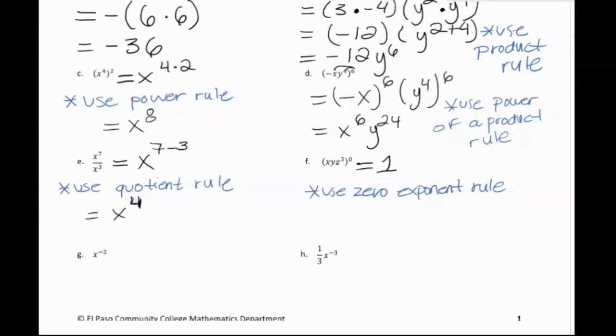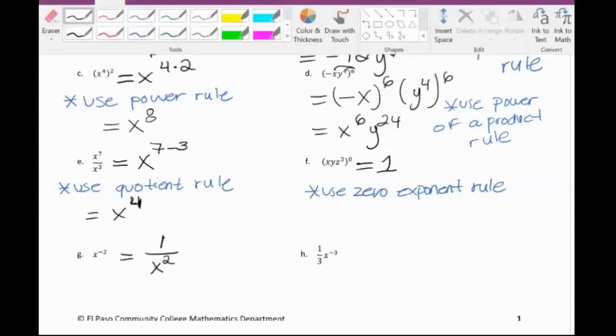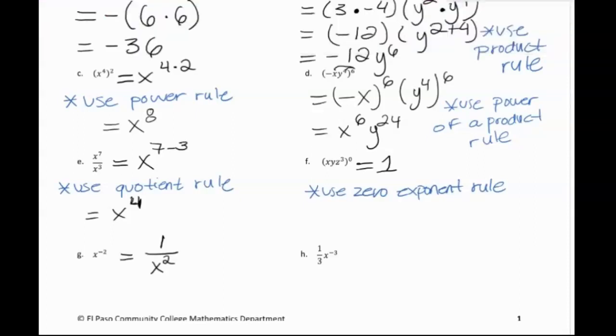For example G, we have x to the negative 2. So we're going to write 1 over x, and my exponent is going to change to a positive exponent. And over here, we're using the negative exponent rule.